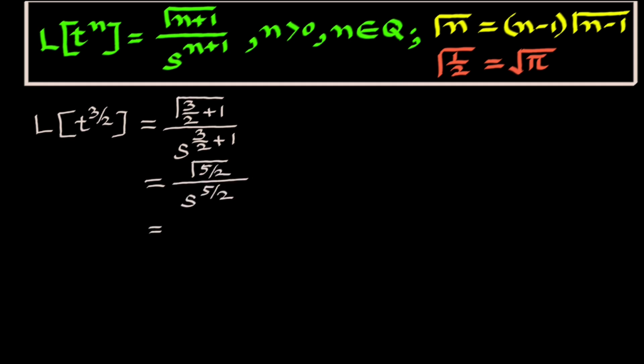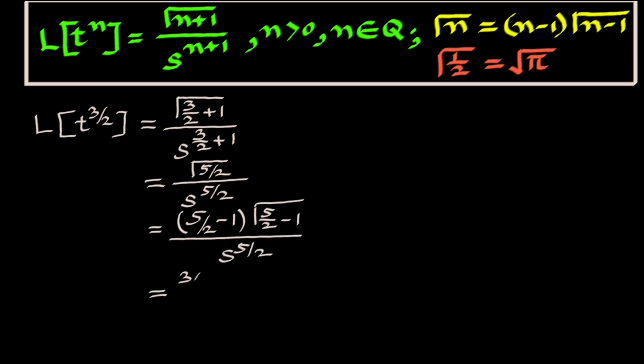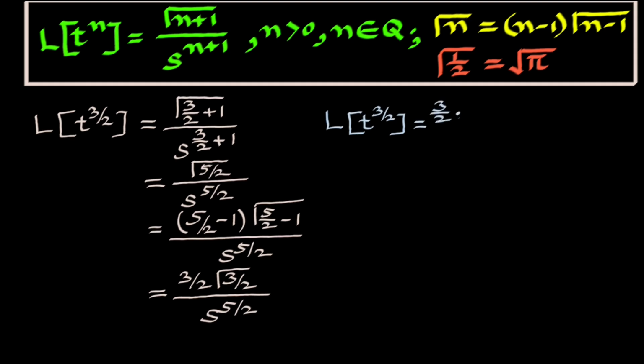Now this gamma 5 upon 2 according to above rule will be 5 upon 2 minus 1 into gamma 5 upon 2 minus 1 upon s raised to 5 upon 2. This will be 3 upon 2 gamma 3 upon 2 upon s raised to 5 upon 2. This will be further equals 3 upon 2 into again 3 upon 2 minus 1 into gamma 3 upon 2 minus 1 upon s raised to 5 upon 2.